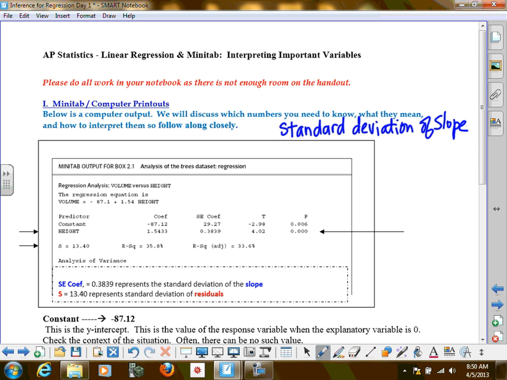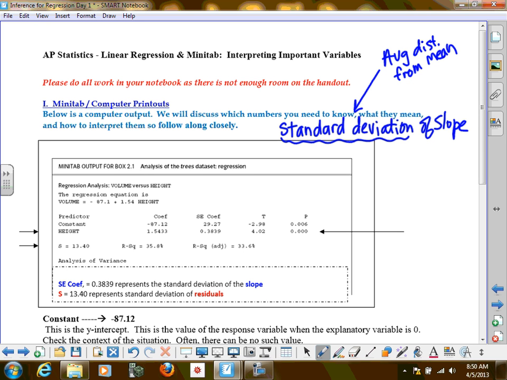What is the idea of standard deviation in general? Standard deviation represents this average distance from the mean. Okay, so that's what standard deviation is doing in general.